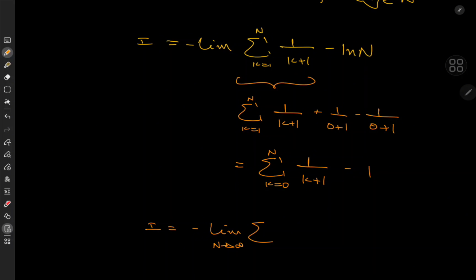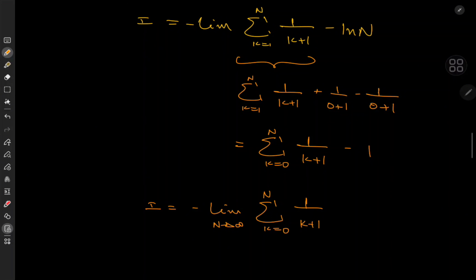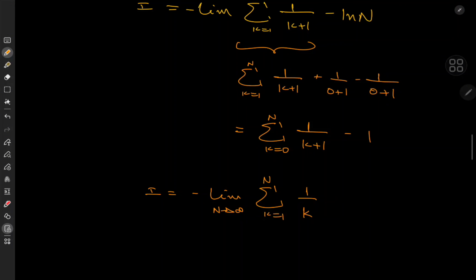So I here is now equal to the negative of the limit as n tends to infinity. Let me hope that I don't get the signs wrong. Sum over k from 0 to n of 1 over k plus 1. Or you could transform it now and say that I have the sum over k from 1 to n of 1 over k to get something that is exactly the same, but perhaps a bit more standard, minus log n.